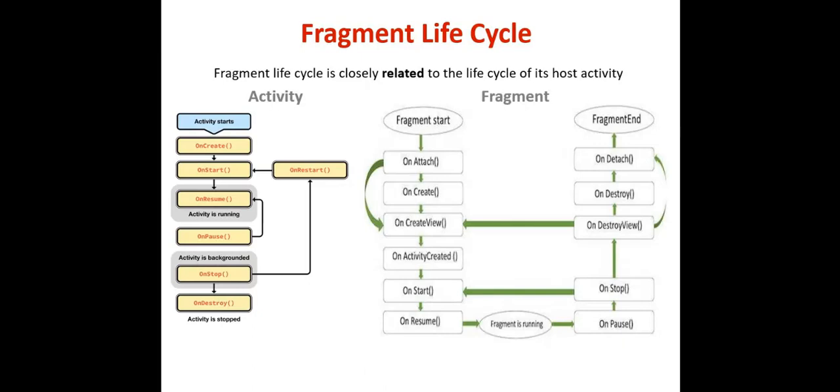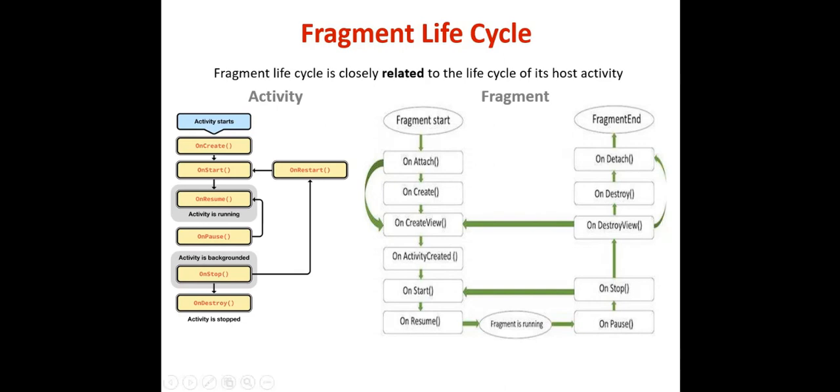The fragment life cycle is related to the life cycle of the activity which hosts this fragment. We can talk here about the activity life cycle. In the activity life cycle, there are 3 methods: onCreate, onStart and onResume, called one by one when the activity is launched.